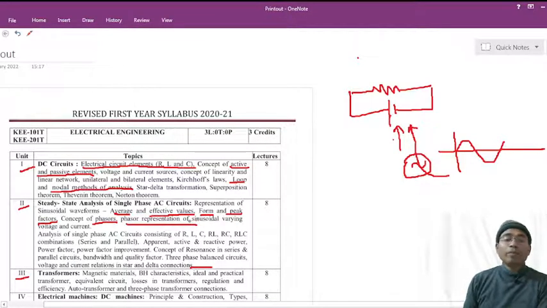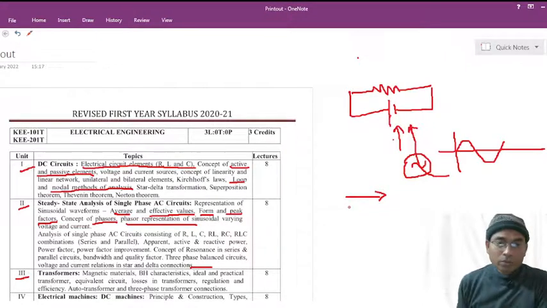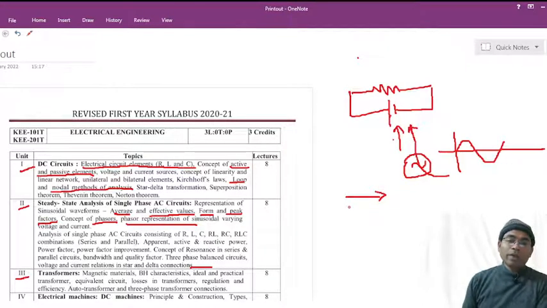It's a very important topic that will be used frequently in solving AC circuits. You must have clear knowledge of drawing the phasor diagram, because AC circuits are mostly solved with the help of phasor diagrams. So it's very important to understand the phasor diagram of an AC circuit clearly.